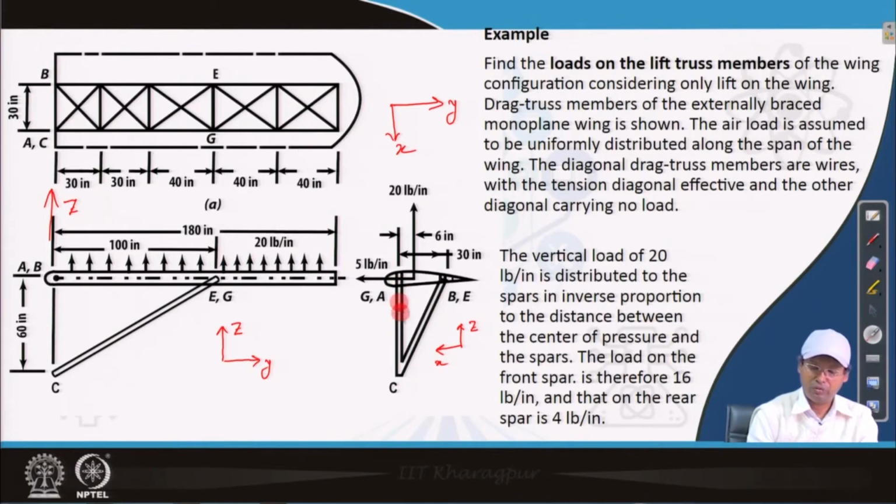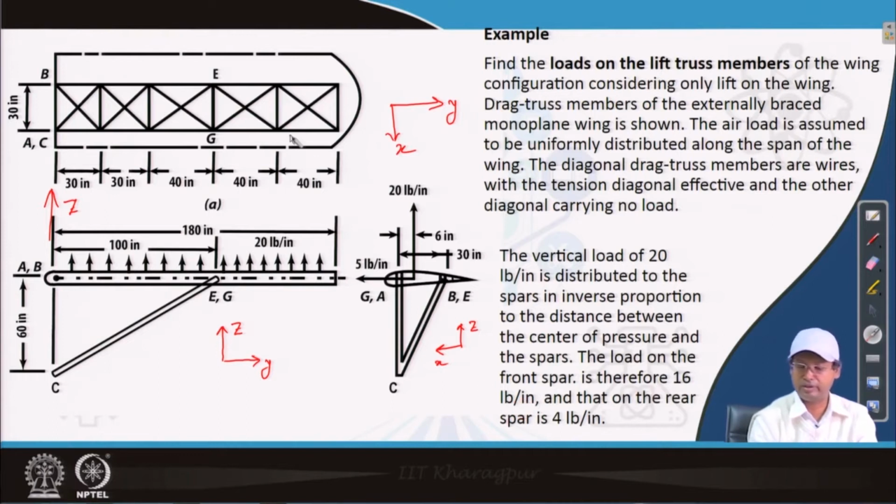This member C G is joined to the spar A G, and this member C E is supporting the spar B E. The load on the front spar is therefore 16 pound per inch.